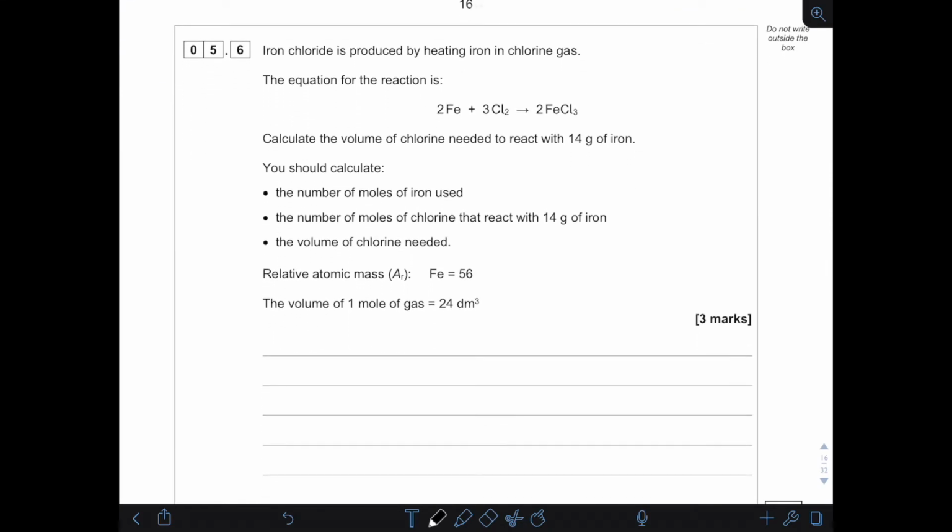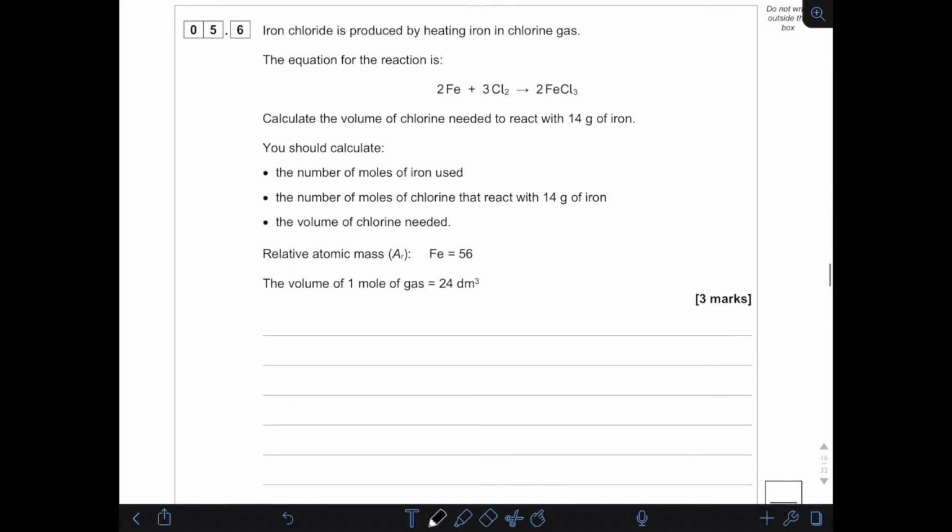Right, iron chloride is produced by reacting iron and chlorine gas. And now we're calculating. This is a lot of math. Oh dear. Well, guess it's time for me to do some math. Haven't done math in a long time. Calculate the volume of chlorine needed to react 14 grams of iron.